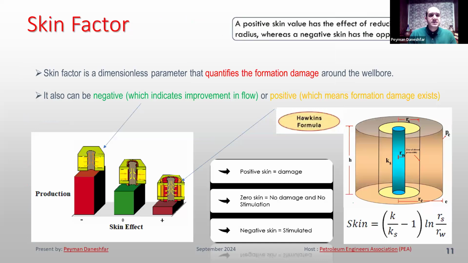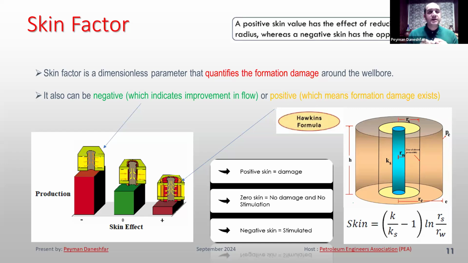So what is the skin factor? We talk about formation damage, but formation damage is not a quantity that you can use in a formula. You should define it as a quantity. The skin factor is a dimensionless parameter that quantifies the formation damage around the wellbore.